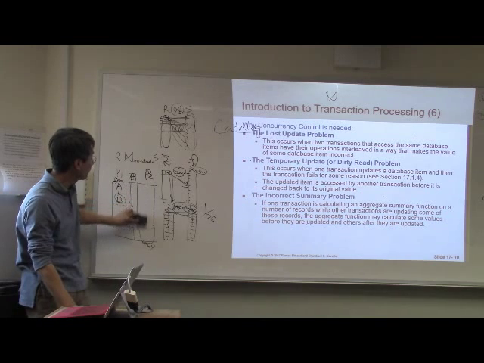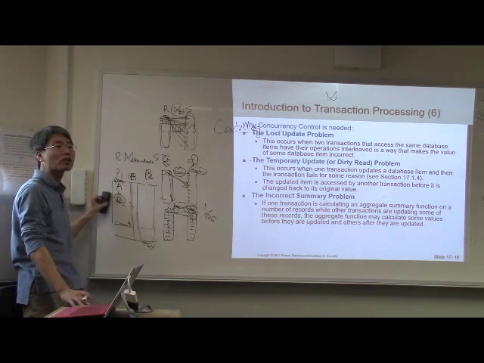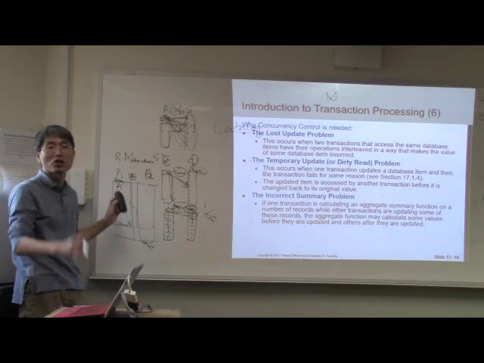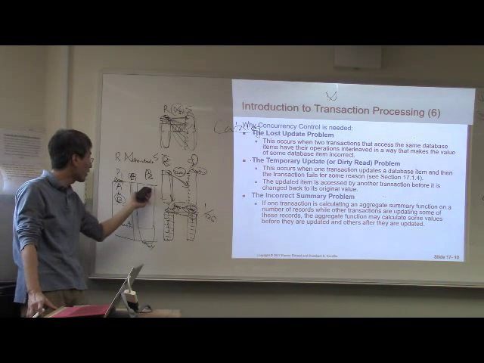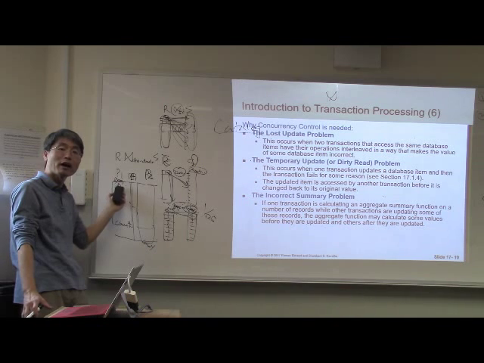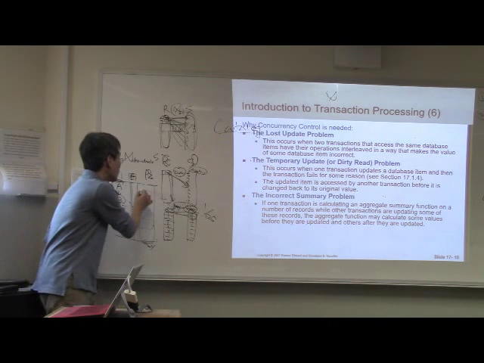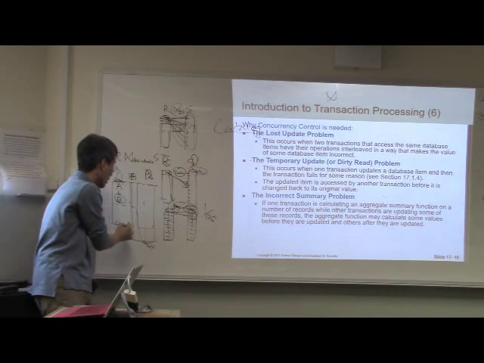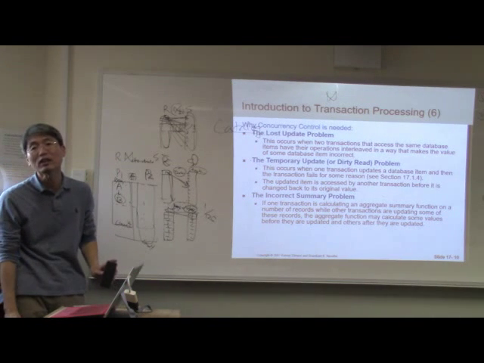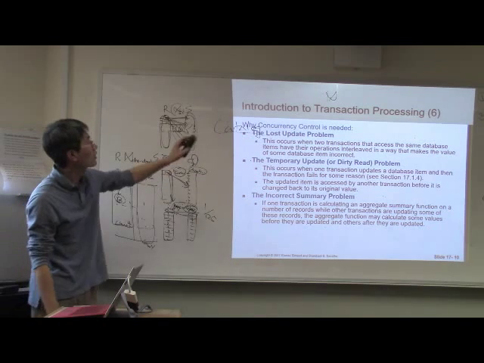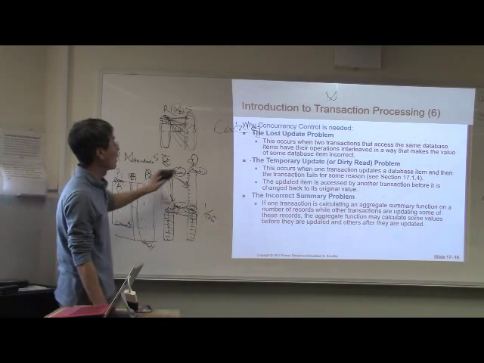You cannot update the data while the other one is holding the shared data. Okay? You can read the data that is held by this one, but this one cannot update the data until commit. Then after commit, you can read and update the data using transaction. That is the lost update problem.